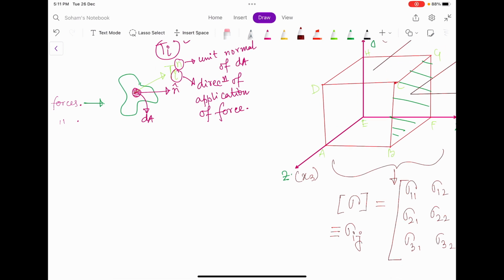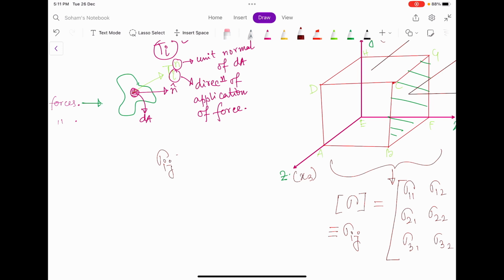Now our objective is to relate sigma ij with n cap, where this n cap is not along either x1, x2, x3.